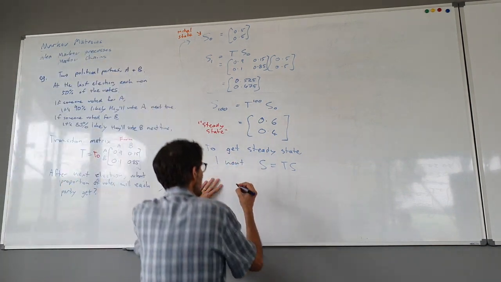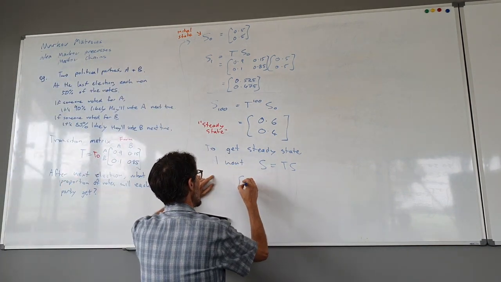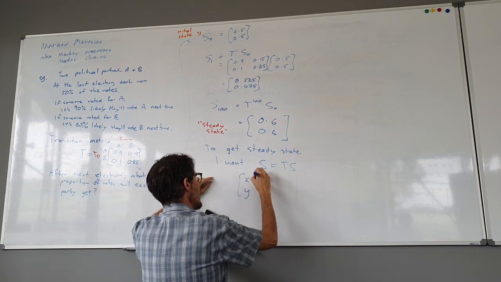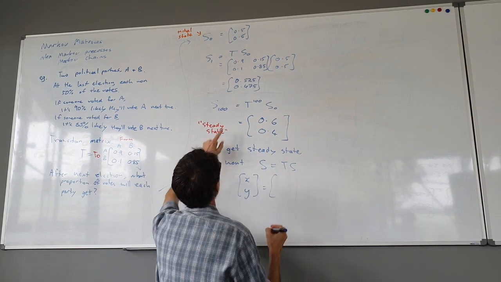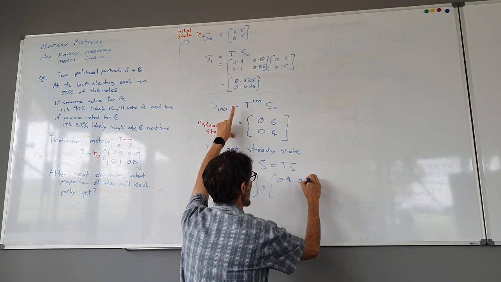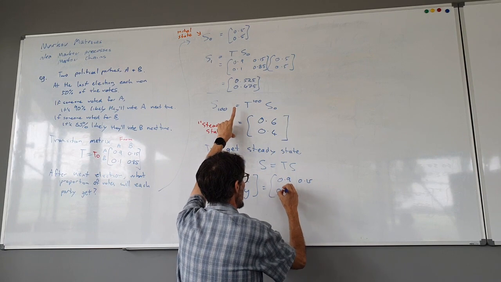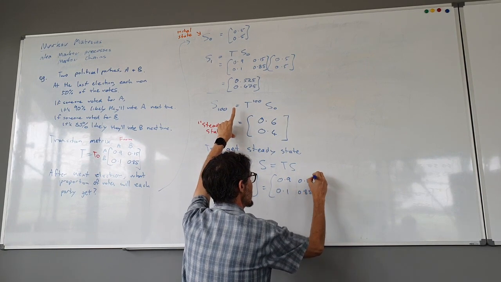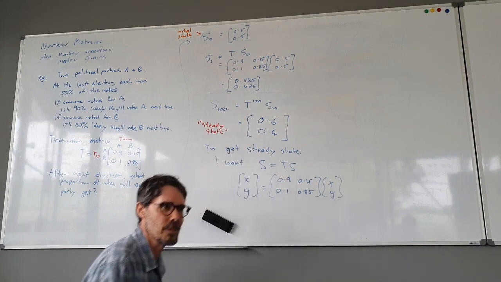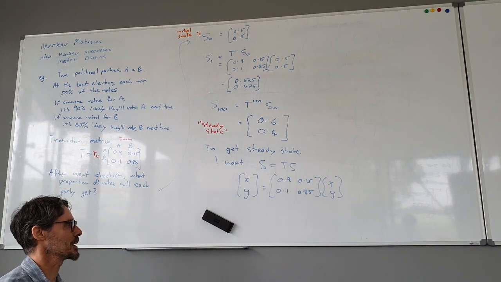Okay, what does this mean? That means I want X, Y equals 0.9, 0.15, 0.1, 0.85 times X, Y. Solve for X and Y. How do I solve for X and Y?